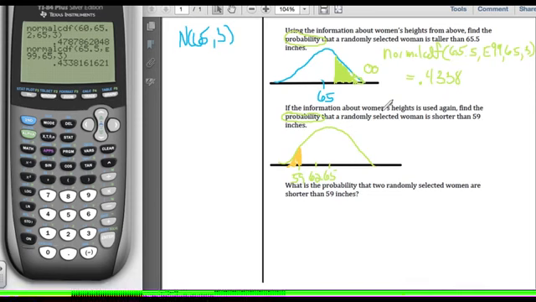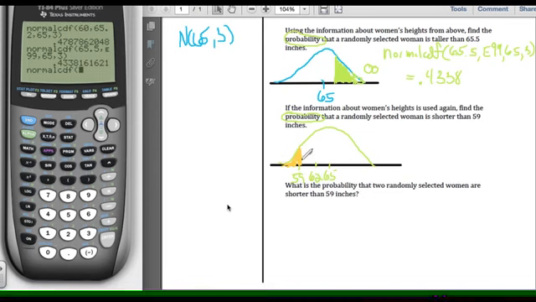So again, probability on the normal distribution, I'm going to use the normal CDF function from my calculator. Second vars, number 2. My shading always goes from left to right. So this is going to go all the way down the curve to 50 inches, to 40 inches, to 30. And it theoretically goes all the way to negative infinity.